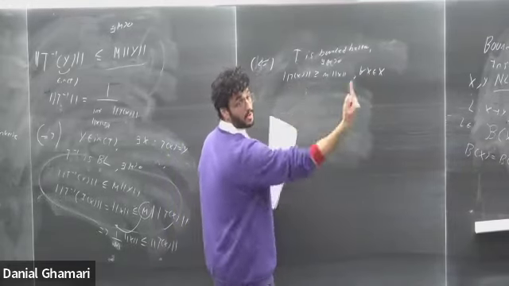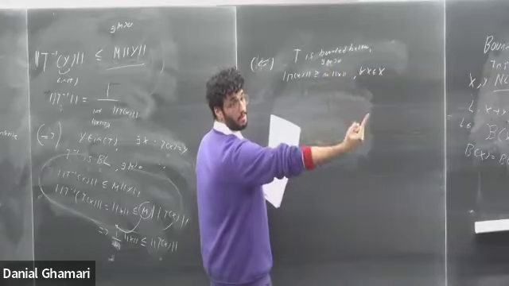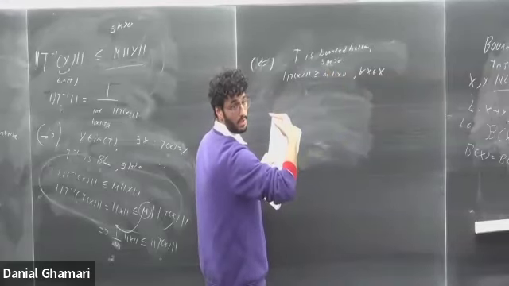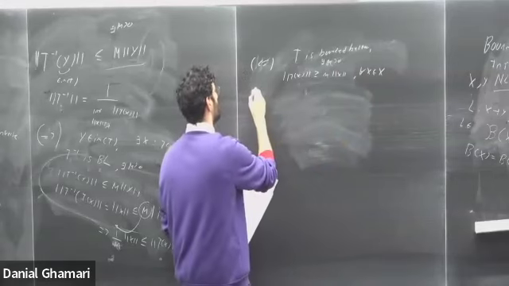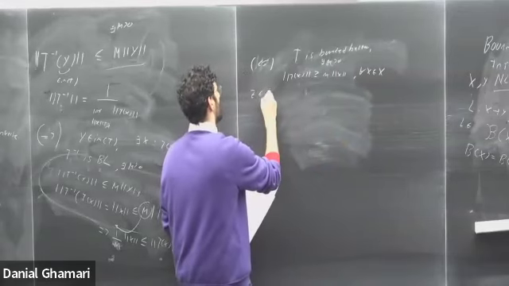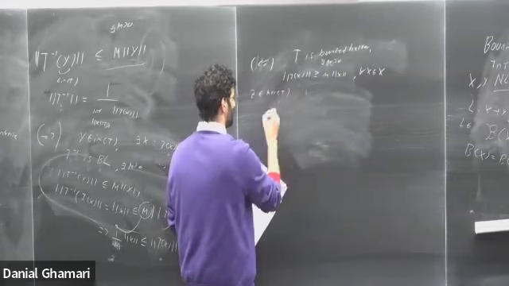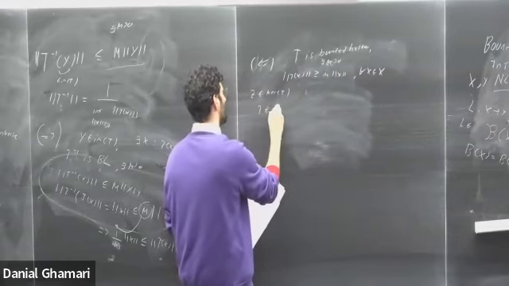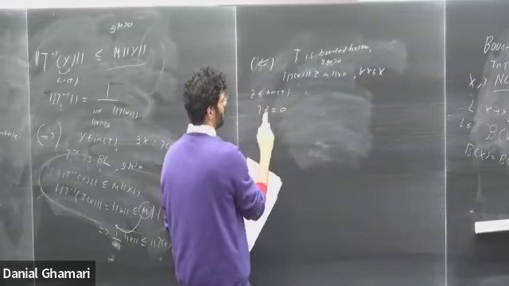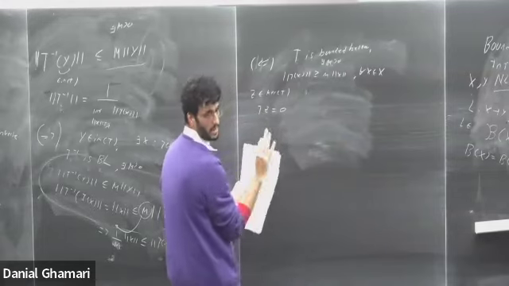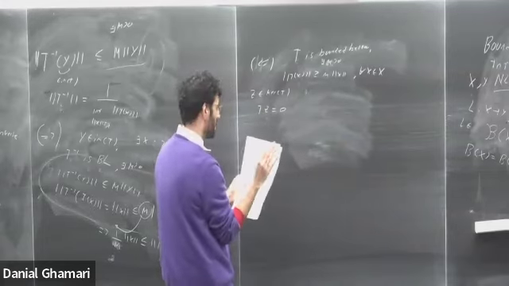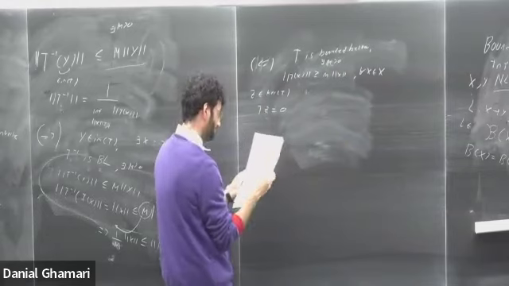Then there's a one-to-one mapping, so I can always map from the image space back to the original space. So let's assume that z is an element of the kernel of T. That means that Tz has to be 0, and let's assume z is non-zero. Let's see if the kernel is empty or not.